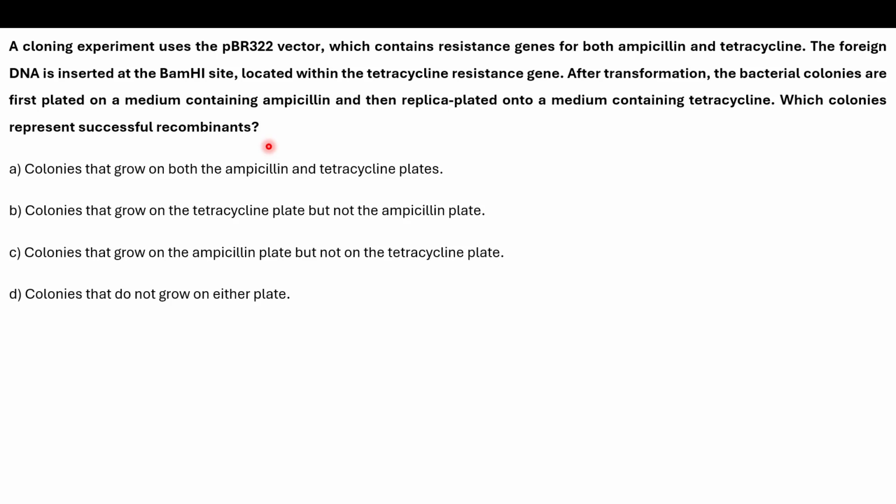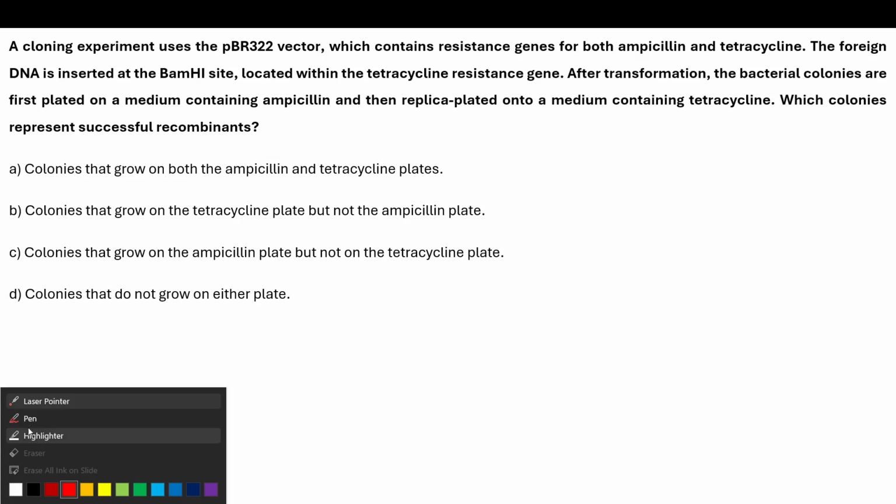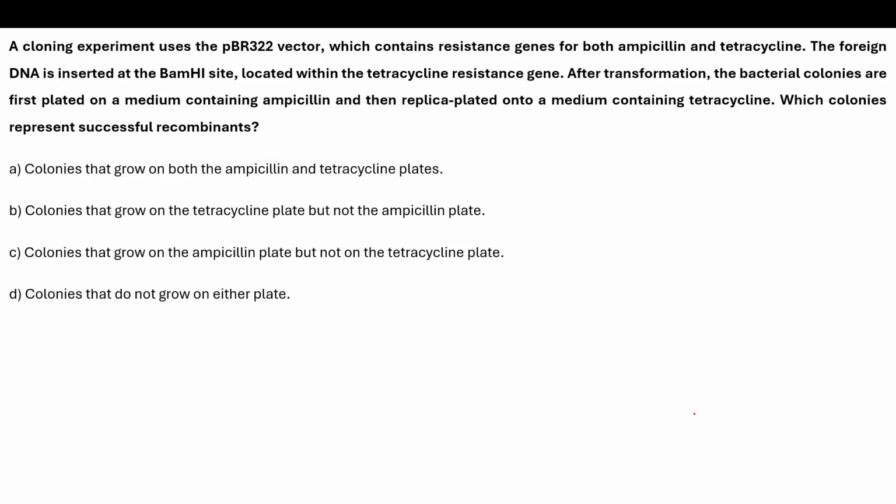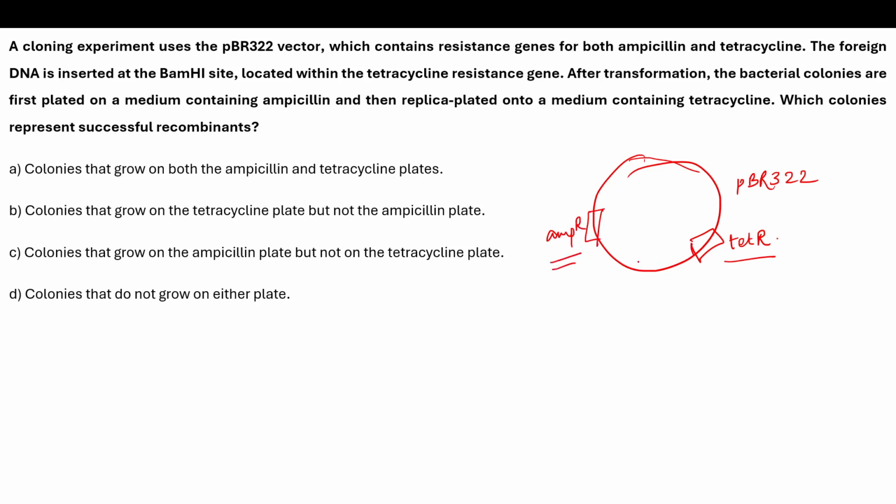So, what is happening here is, if this is your plasmid pBR322, it has a gene sequence which confers resistance to the tetracycline antibiotic, and it also has a region which makes it resistant to the ampicillin antibiotic.